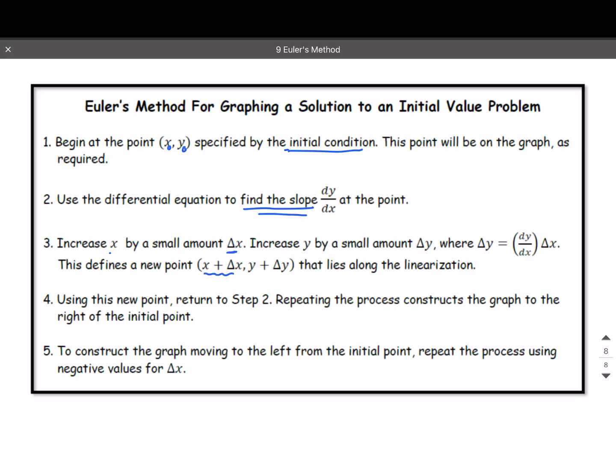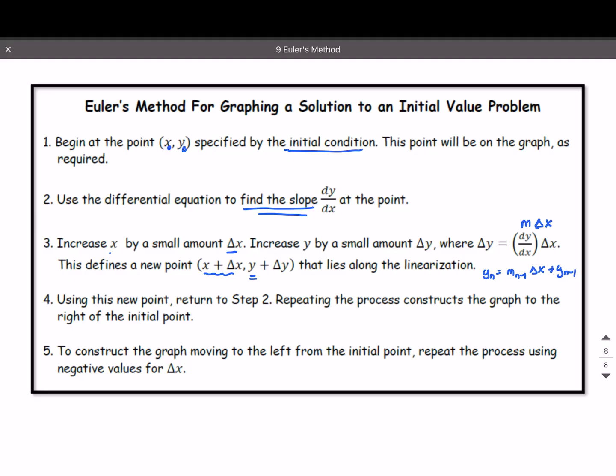We're going to increase y by a small amount delta y. Remember, that was our slope times delta x, and then notice we're going to add the old y value. So this was our y sub n equals m sub n minus 1 times delta x plus y sub n minus 1, just so you can see it that way.